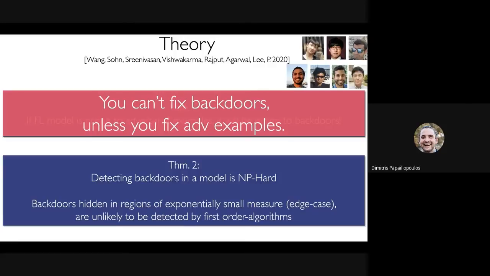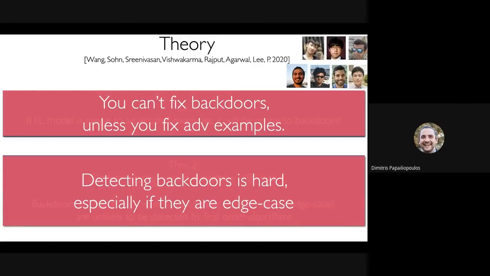So if you were going to use a gradient-based method to detect backdoors, it's very unlikely that you can do this in polynomial time. Under certain assumptions, I'm sure it's not the case, but in the more general setting, it's unlikely that you can detect backdoors in polynomial time.